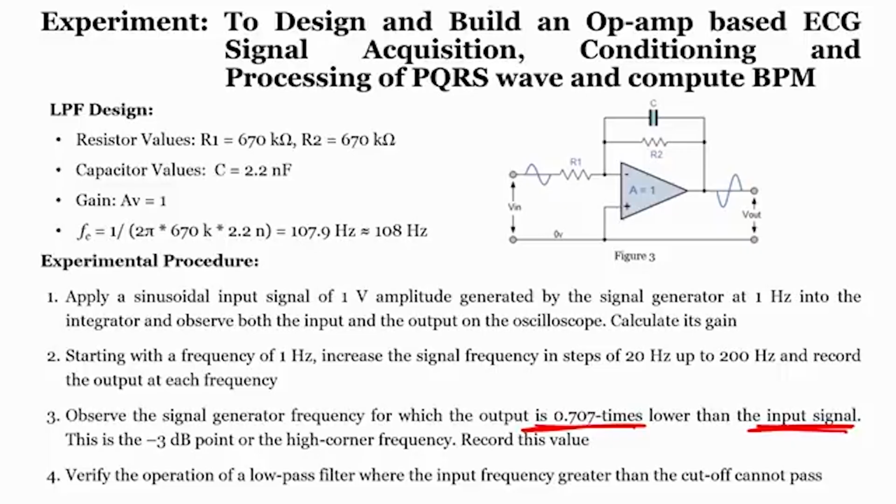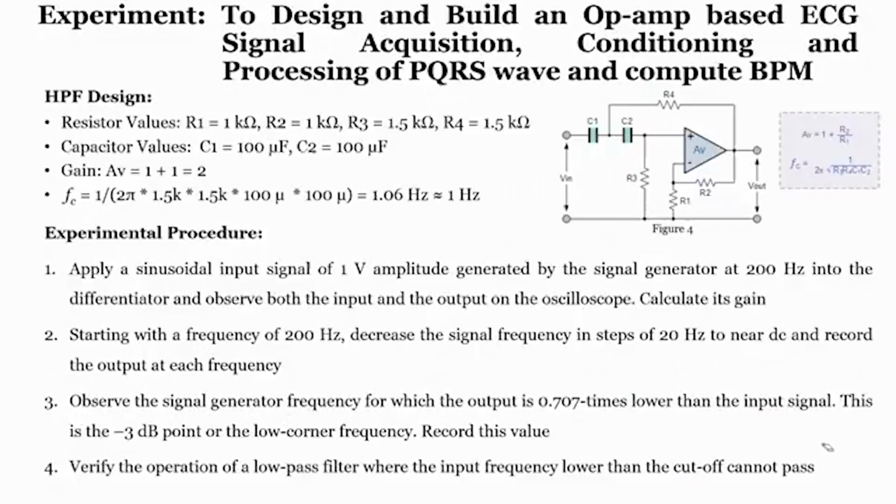Finally, verify the operation of the low pass filter, where an input frequency greater than the cutoff cannot pass. So, these are the experiment procedures we have to follow. We will see in the actual experiment so that you understand how this can be done.